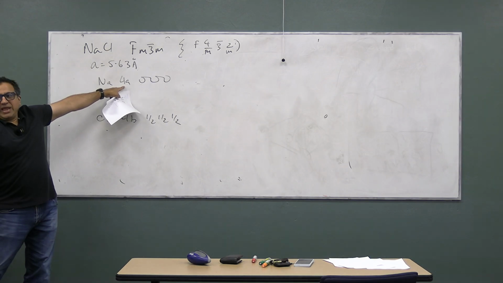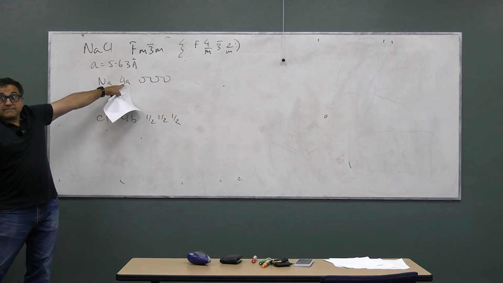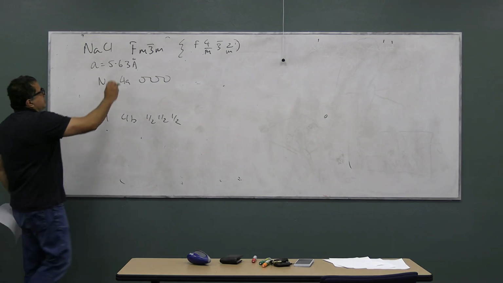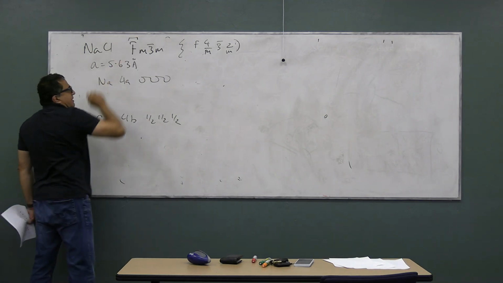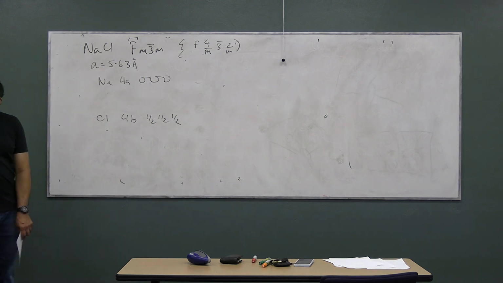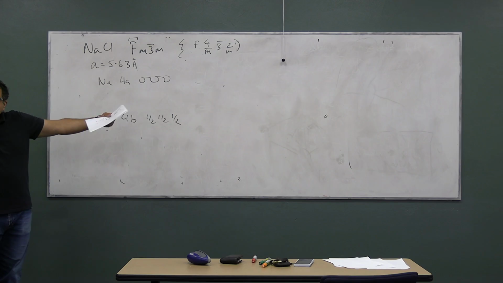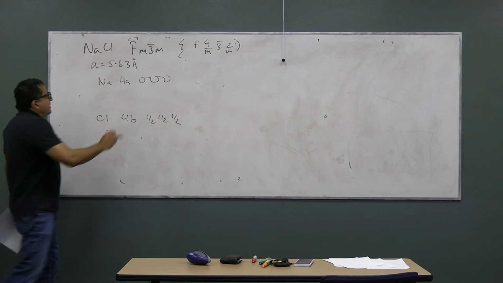Why does it become 4a for the space group? Is it because you can rotate it? No, 4a means there are 4 sodiums in the unit cell. Where does that 4 come from? It comes from this, right? What does that mean? Which means every atom at 0, 0, 0 also becomes an atom at? Exactly.